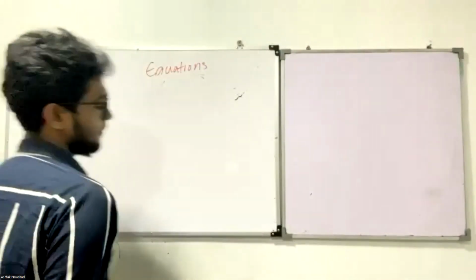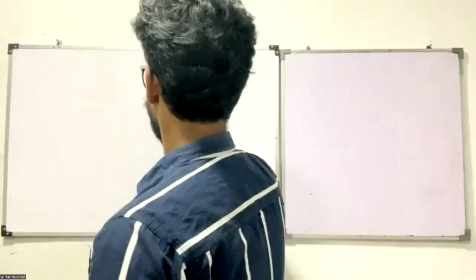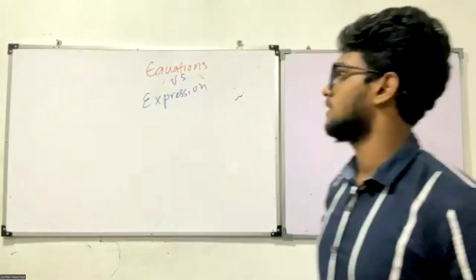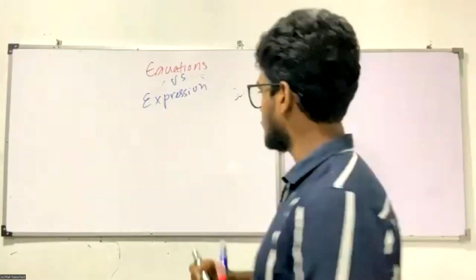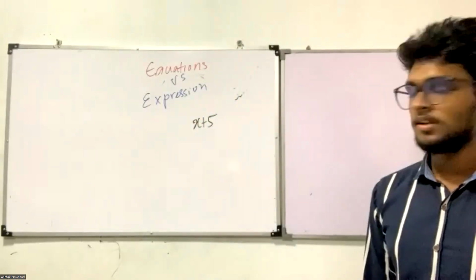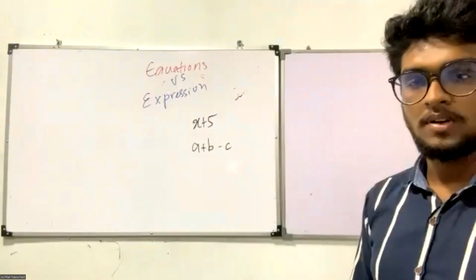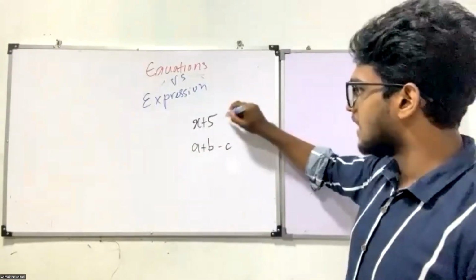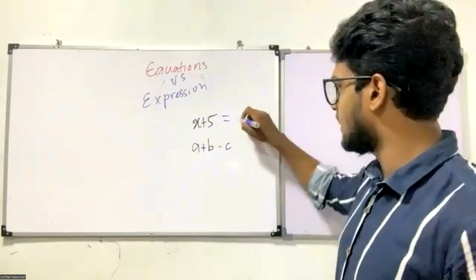First of all, let me make clear the difference between an expression and an equation. Simply, an expression is something you write like x plus 5. This is an expression. Correct? A plus b minus c. This is an expression. Right? An equation is something with the equal sign included, and on the left and right there's some value.